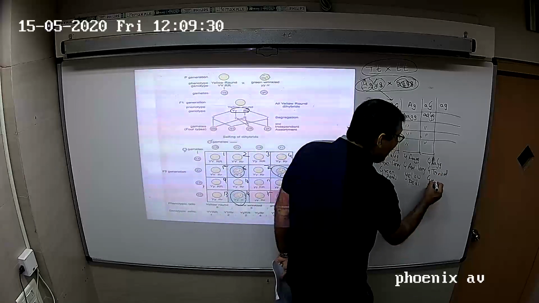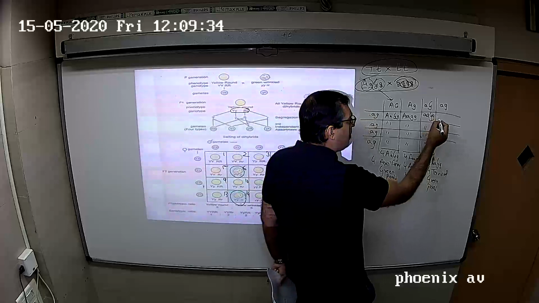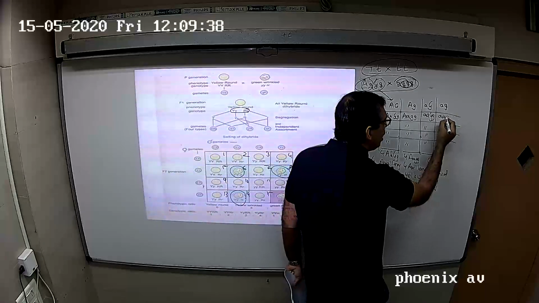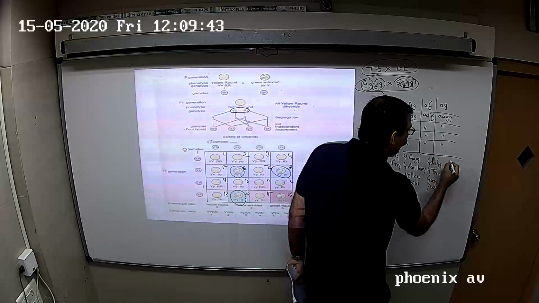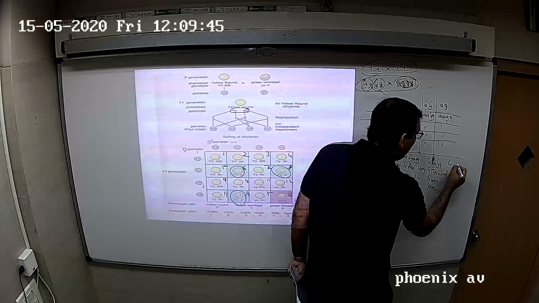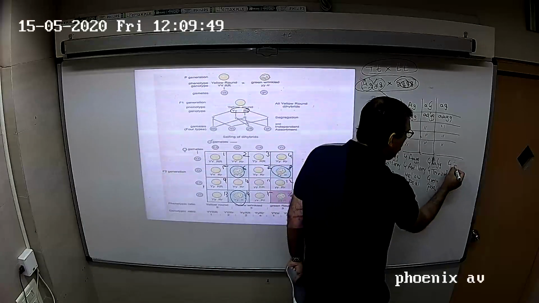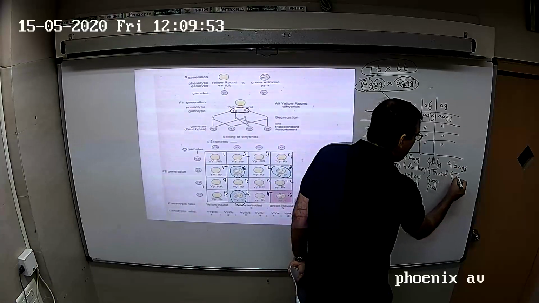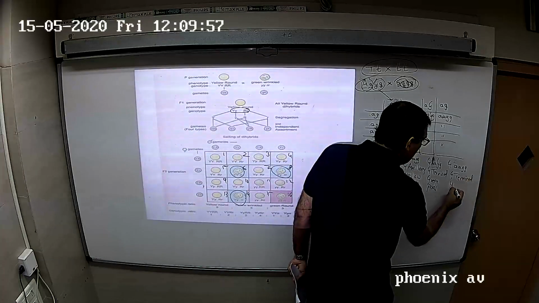And 4 of them will be small a, small g, small g. In other words, 4 of them will be terminal. We just write the genotype here. Small a, small g. So 4 of them are terminal with yellow pods.